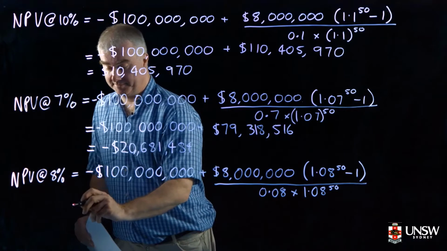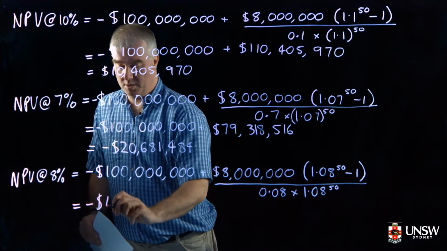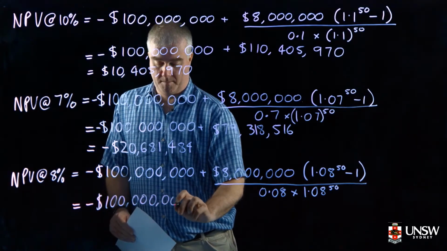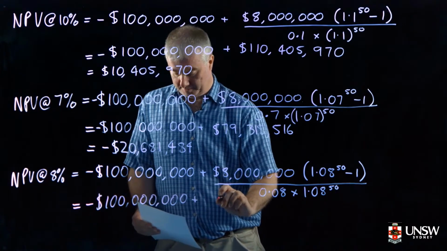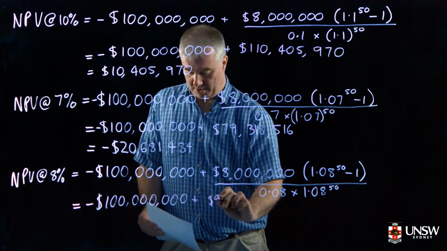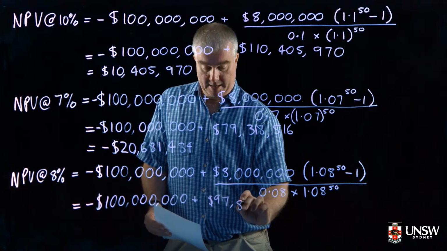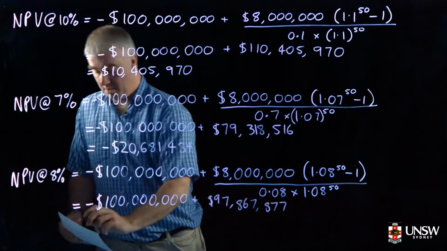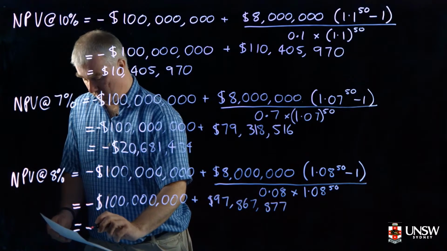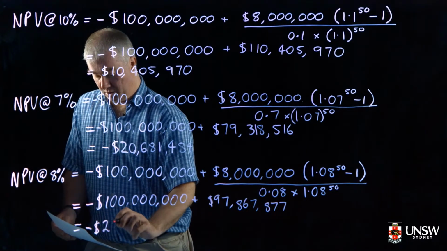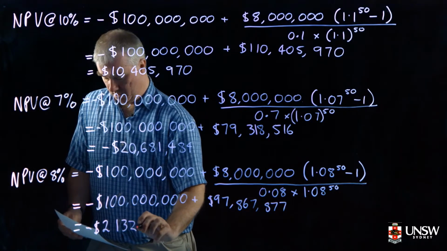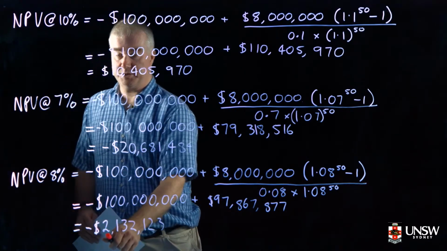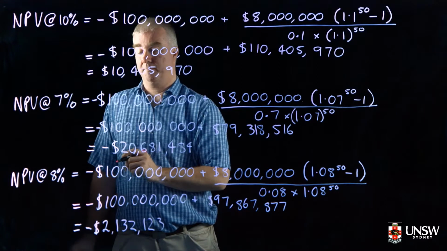Which gives us minus 100 million plus $97,867,877, which is equal to minus $2,132,123. So you can see this is getting much closer to zero than either of these two answers.